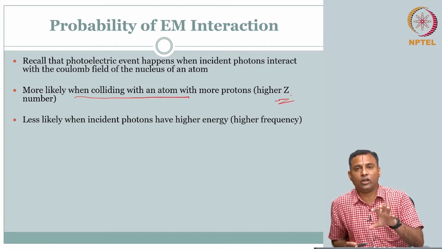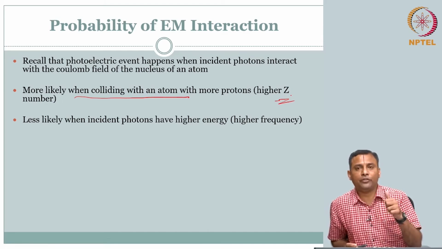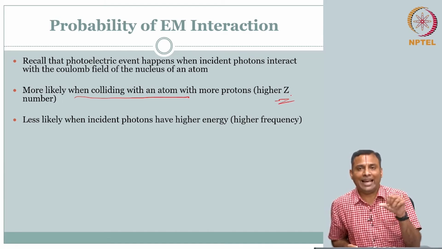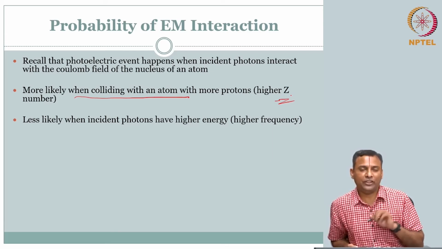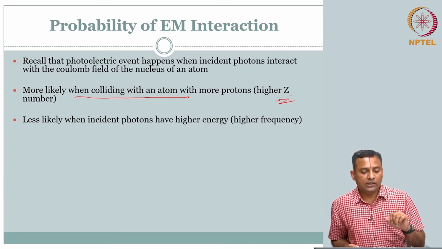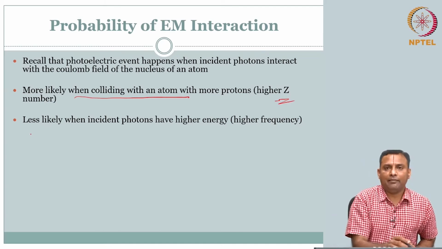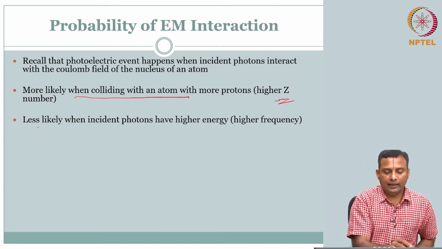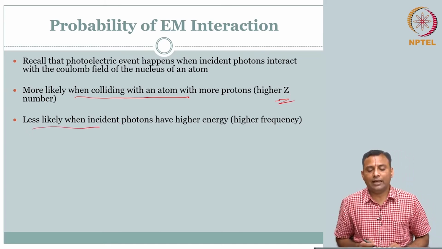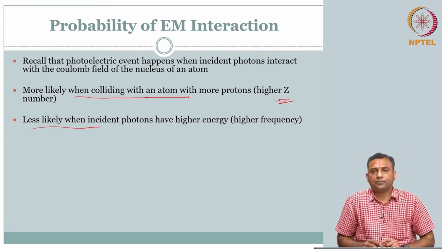In fact, the exact order we will put, but the rule of thumb is directly proportional, right? Which order we will talk about. So what we also can guess is less likely when the incident photon has higher energy. Why is it very guessable?